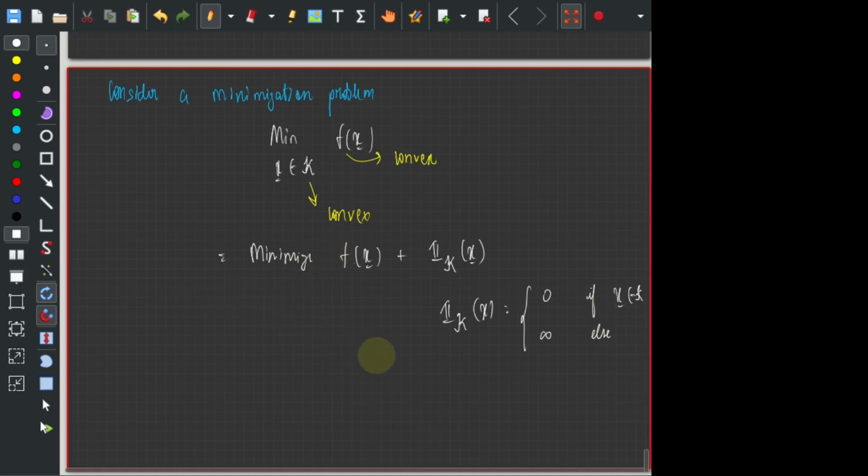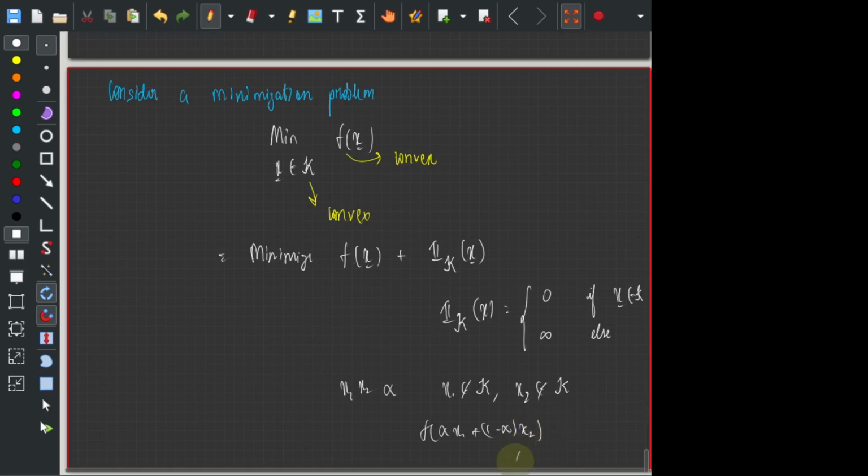Okay, so let me put it this way. You take any x1, x2, and alpha. If x1 is not in the convex set or x2 is not in the convex set, we have f of alpha x1 plus 1 minus alpha x2 on one side.